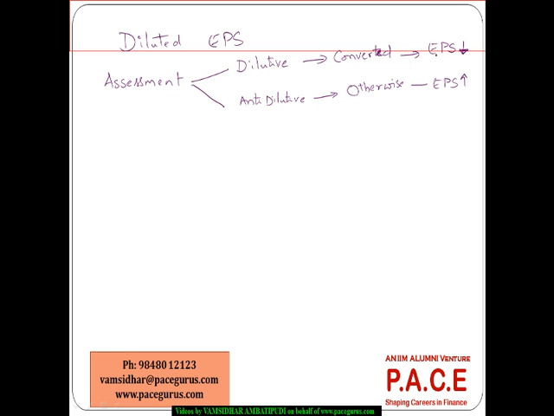But if the EPS is increasing after their conversion, then I call them anti-dilutive securities. Only when it is a dilutive security should I include it in the weighted average computation. But if it is an anti-dilutive security, I will not include it as a part of the computation of the weighted average number of shares. So, in general, we have seen the basic EPS formula, just to revise it: net income minus the preference dividend divided by the weighted average number of shares.